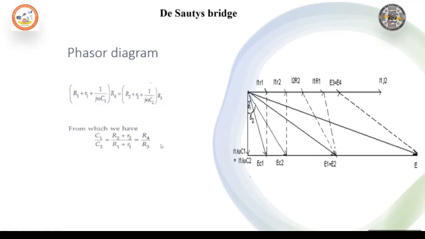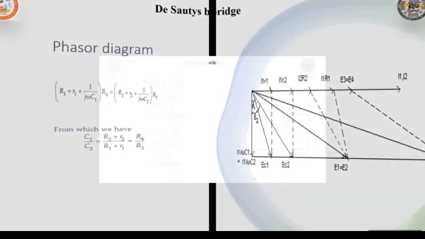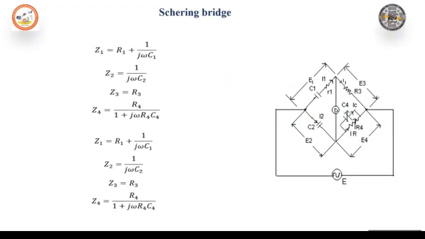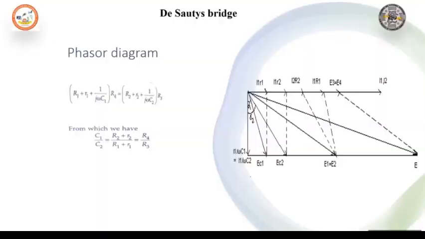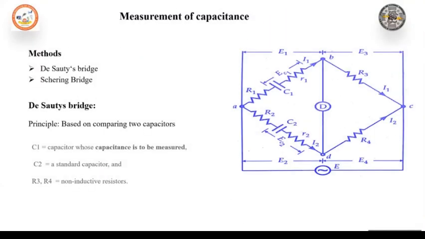The dissipation factor D of the capacitor depends on the angle delta. Hence, we write D1 as the dissipation factor of capacitor C1 and D2 as the dissipation factor of capacitor C2, which are ωC1r1 and ωC2r2 respectively.